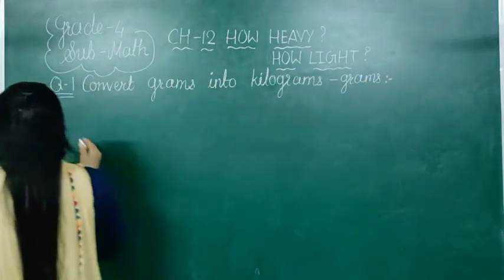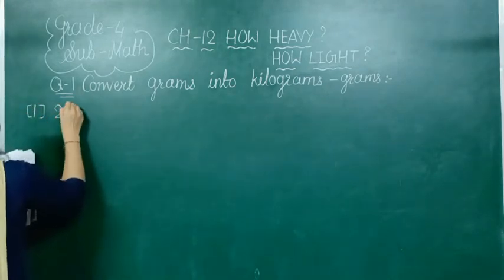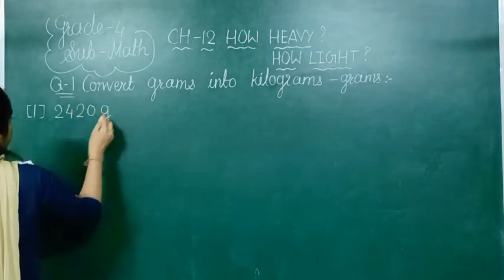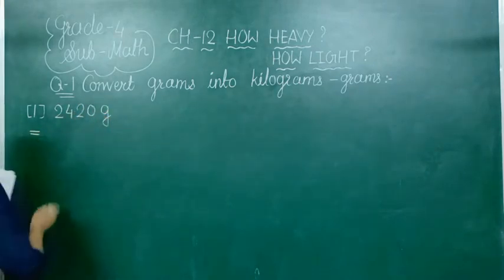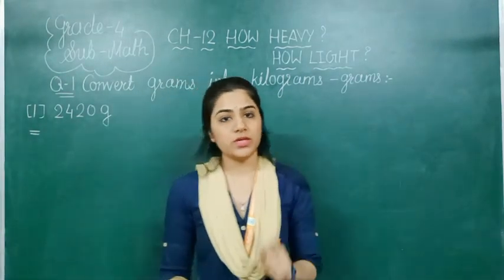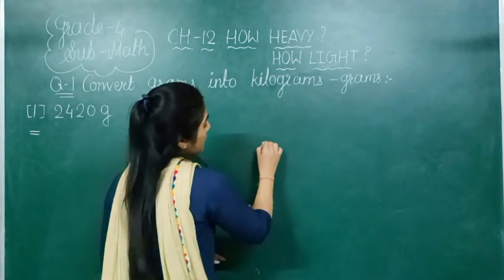And the first number given is 2420 gram. Now see, I told you previously that here we will use 1 kg is equal to 1000 gram. This formula we will apply.